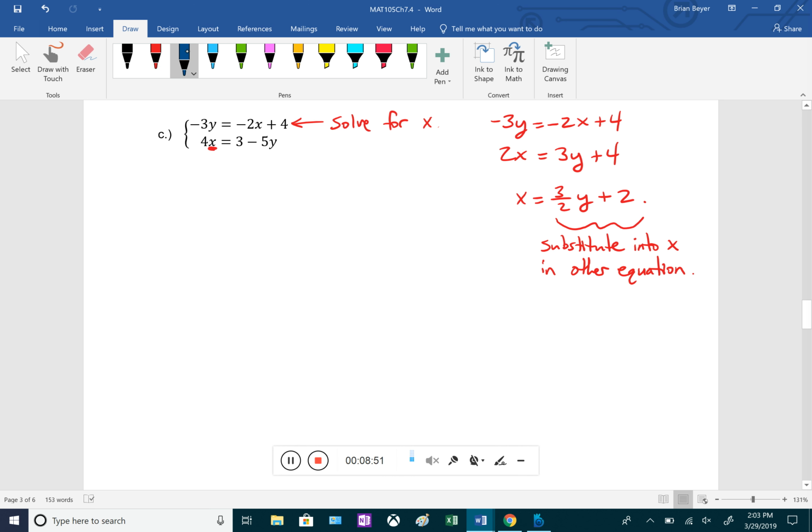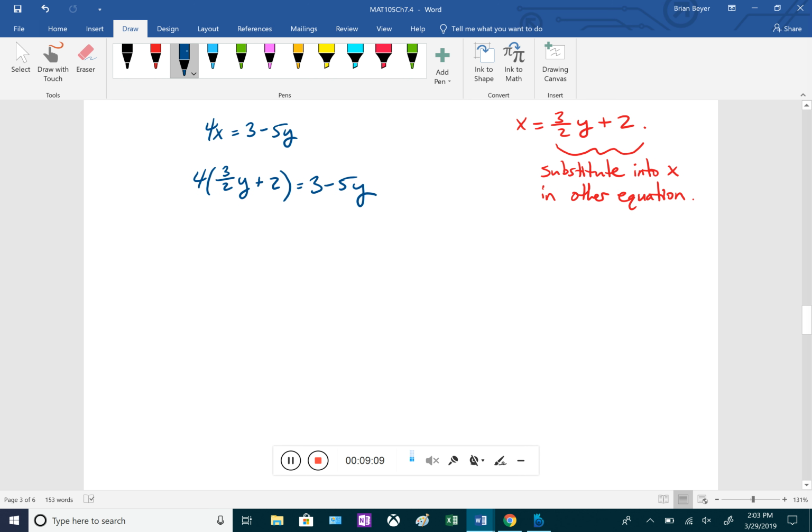So starting with 4x equals 3 minus 5y. Plugging that into x, we have 4 times 3 halves y plus 2 equals 3 minus 5y. So solving this for y, we have to distribute the 4 on the left side. So 4 times 3 is 12, 12 divided by 2 is 6.